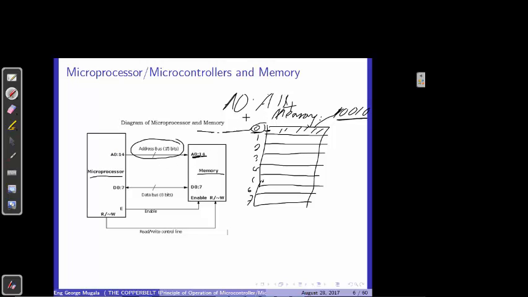So there are 15 lines, but we start the index from 0. Now I want to mention that when you see an address bus used to refer to a particular cell in memory, from the address bus we can tell how many locations are possible in terms of the index values, or the addresses that we can give.